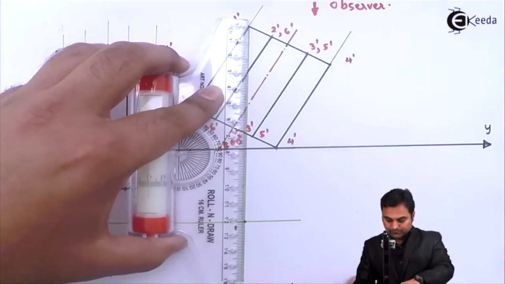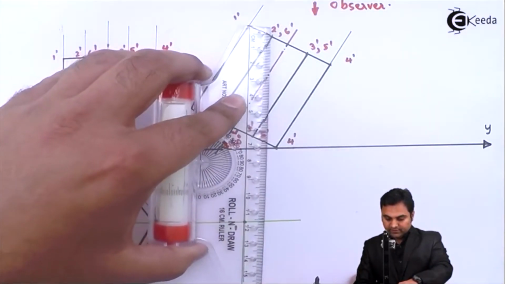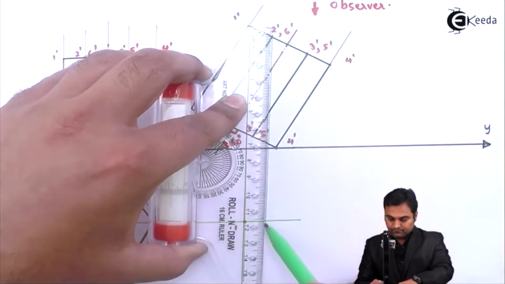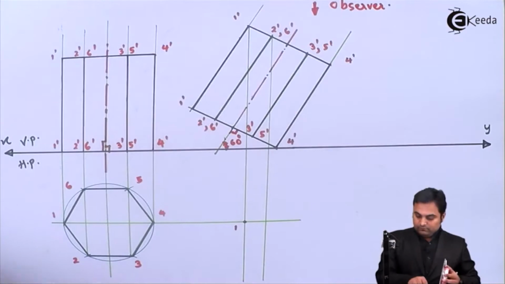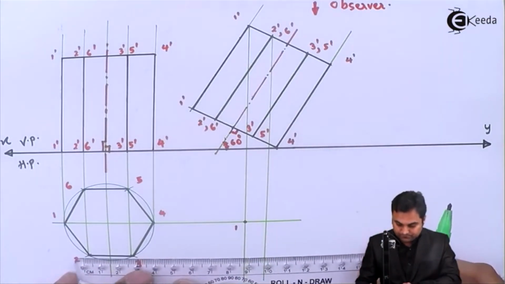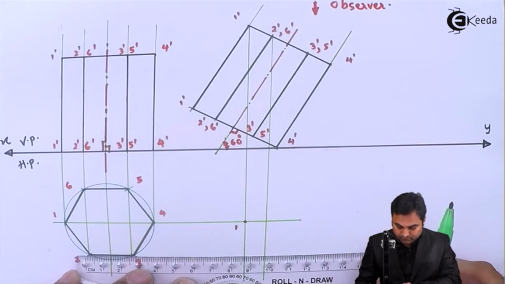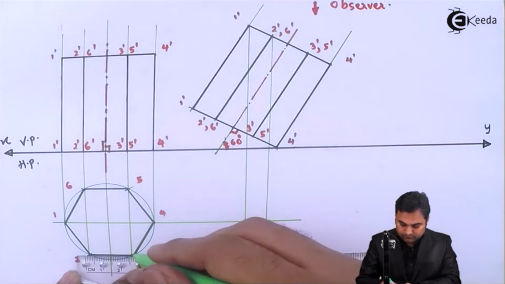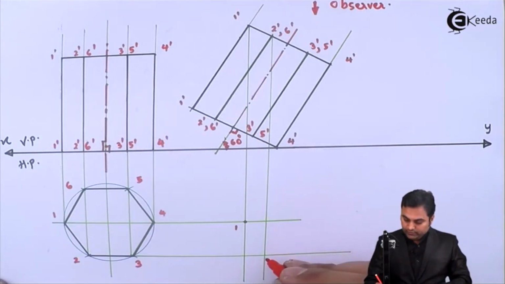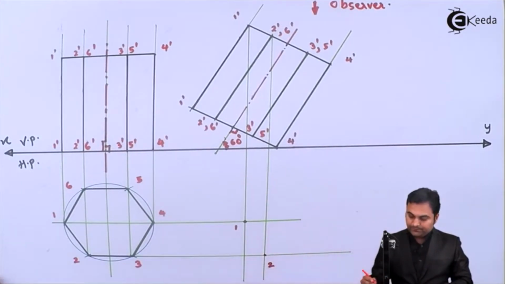Next, point 2. 2 and 6 are on the same line. So point 2 dash, and point 2 from the top view are on the same line.